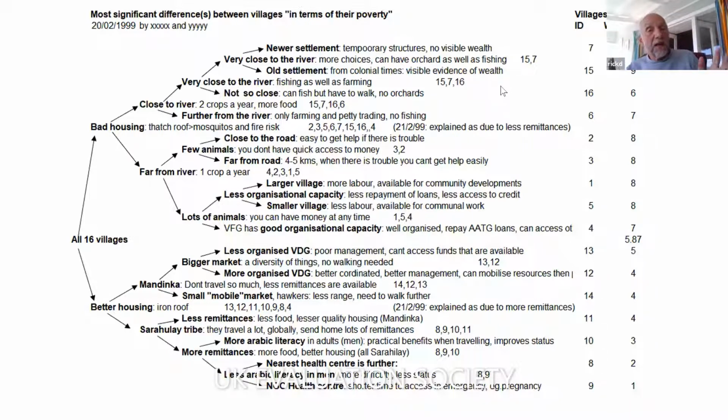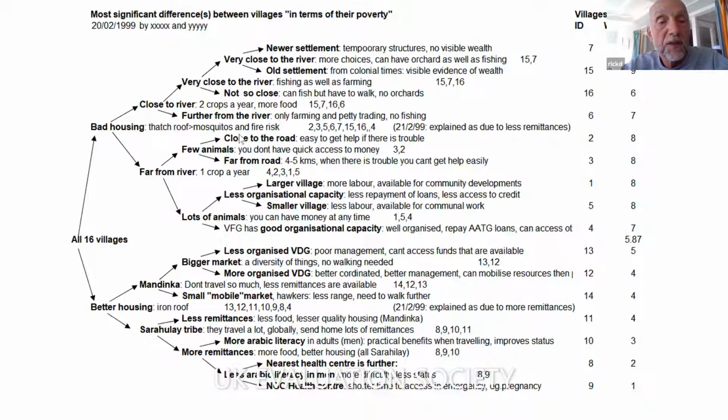So I put a tag on the end of that question, in terms of their poverty. I could have put another sort of tag. It might have been in terms of their interest in education or something like that. It just puts a boundary on the universe that is relevant to your particular interest at the time.